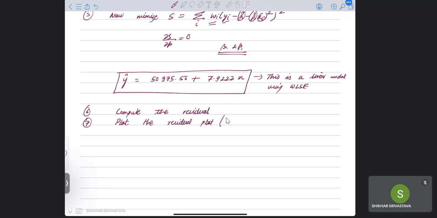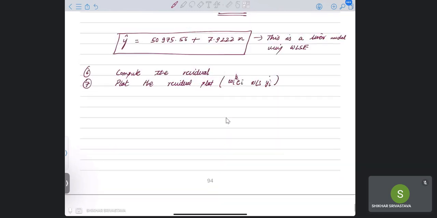For this case, the residual plot will be between wi to the power 1 by 2 epsilon I versus yi cap.